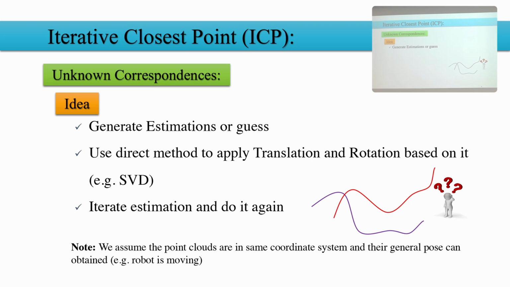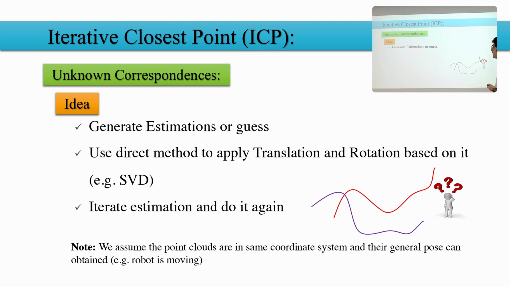So now we can say the idea is generating estimations or guesses, to make this procedure as accurate as we can if we don't know correspondences. What does it mean? It means that if we know correspondences, as I told you, calculate the center of mass, move it, rotate it.